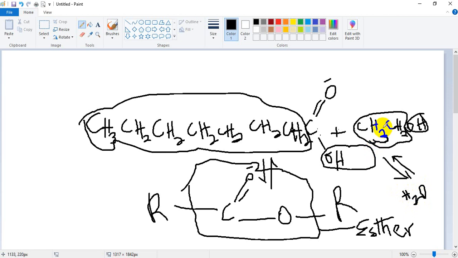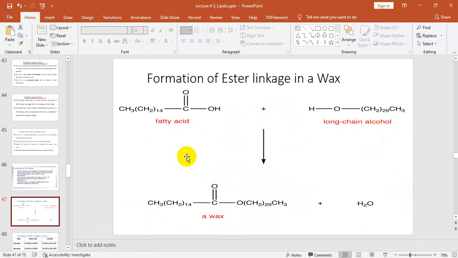And this one will also react with this one to produce this ester group, which is a monoacylglycerol. So here we have the OH here and the OH here reacting to form water.